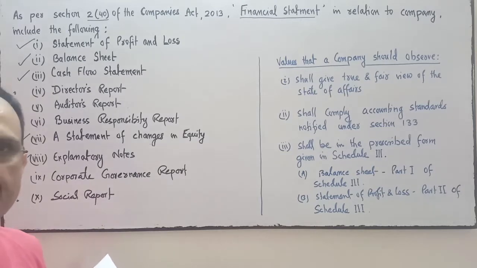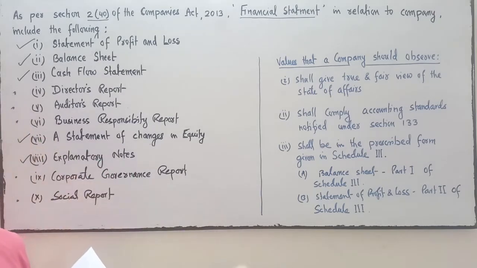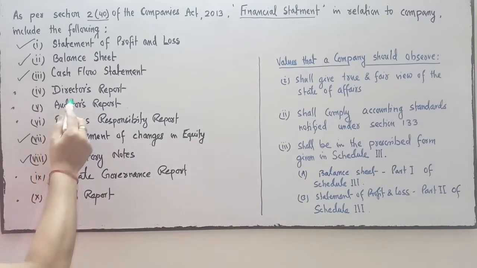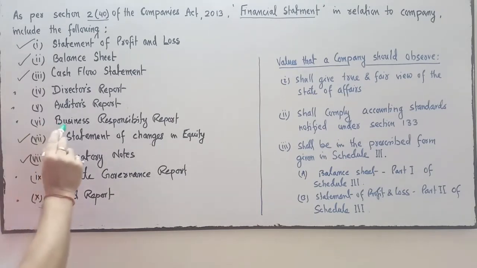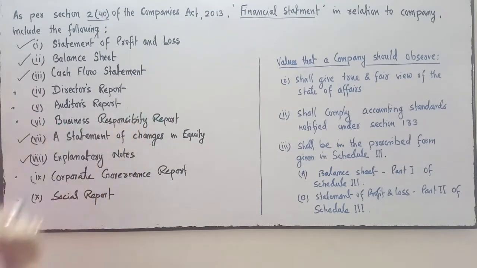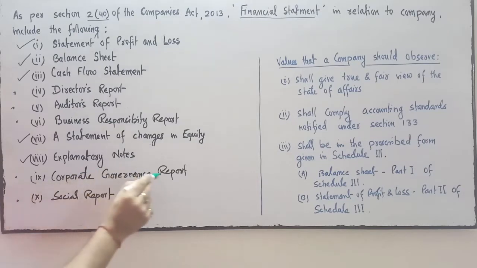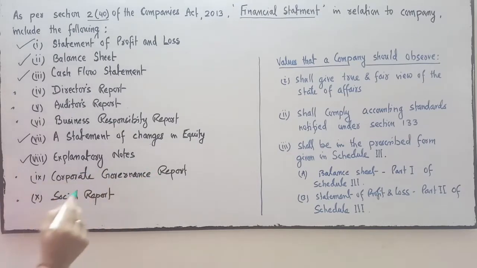And when I'm talking about the annual report of a company, in addition to that, other reports are also attached. Other reports are what? Director's report, auditor's report, business responsibility report, corporate governance report and social report.